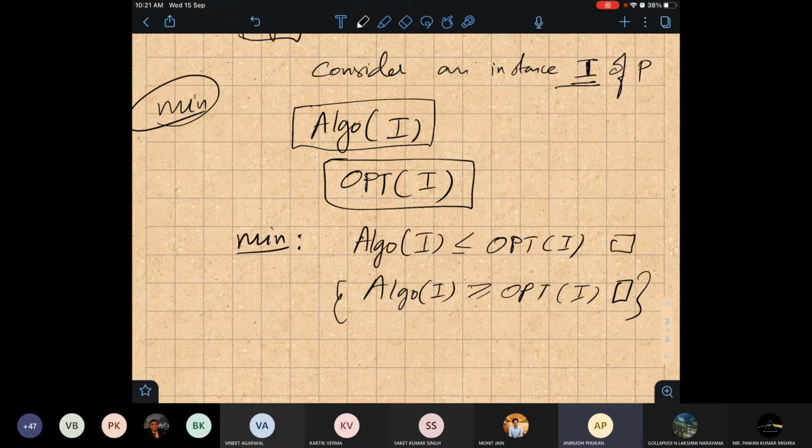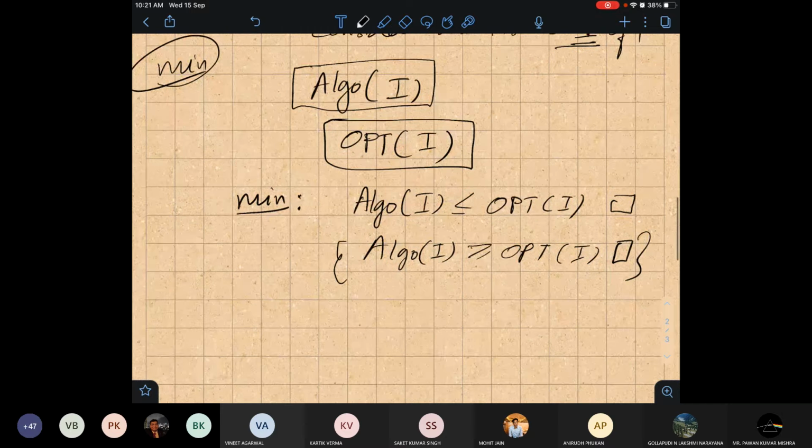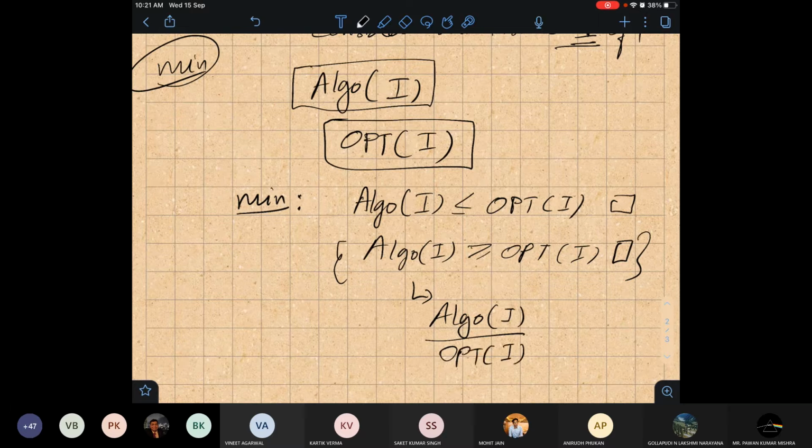Because by definition of optimality, it should be the minimum. Yeah, true. Since we are considering optimal, optimal will always have the minimum value compared to the algorithm value, what the algorithm returned for that instance. So from here, what we see is that algo for that instance divided by opt for that instance will always be greater than or equal to 1.